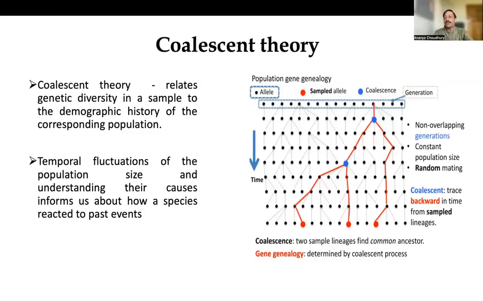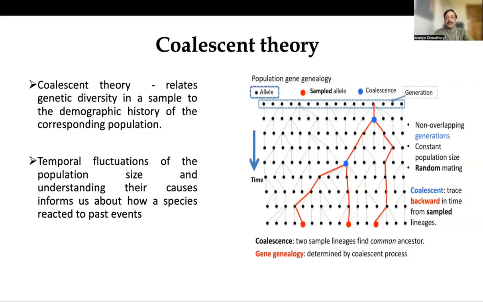These applied to genome scale data can provide insights into estimates of past population sizes, and such temporal fluctuations in population sizes and understanding their causes informs us about how populations have reacted to past events, such as glacial cycles, climatic change, or even large-scale migrations.